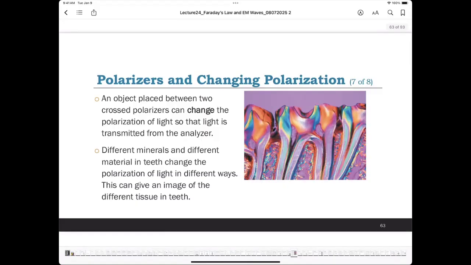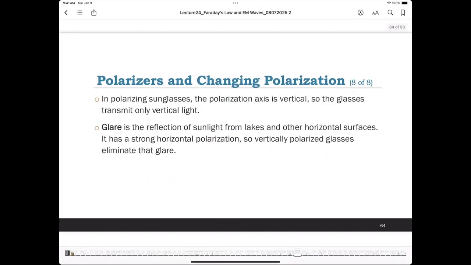They can give an image of different textures in teeth. You can see here, and if you use different materials in teeth, you can get an image of different textures in teeth.